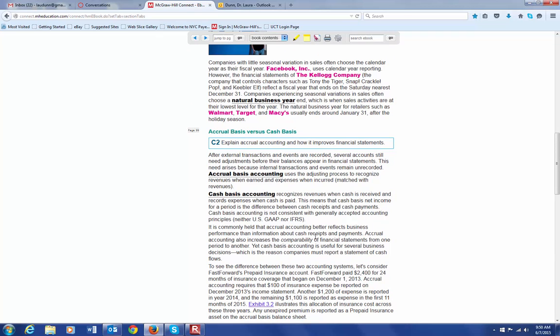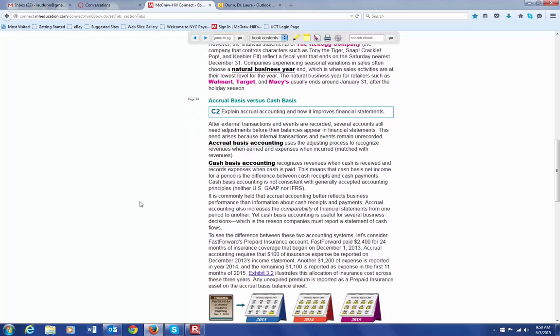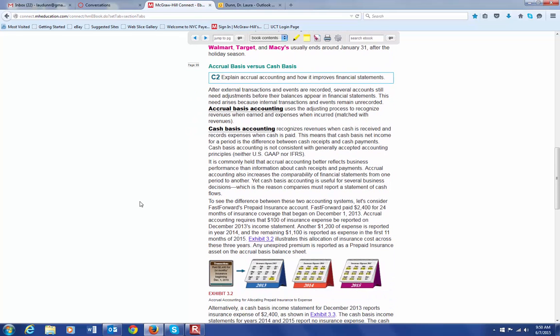Let's talk a little bit about accrual basis versus cash basis. Most of us, in terms of our own checkbooks and stuff like that, we basically work off of cash basis accounting. When we pay out cash, that's when we record it. When we receive cash, that's when we record it. Which you do that too in accounting, but there is a difference.